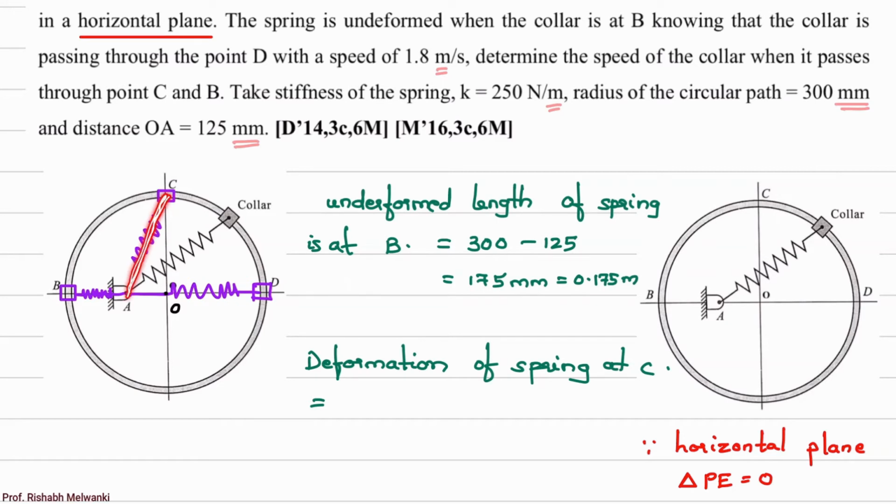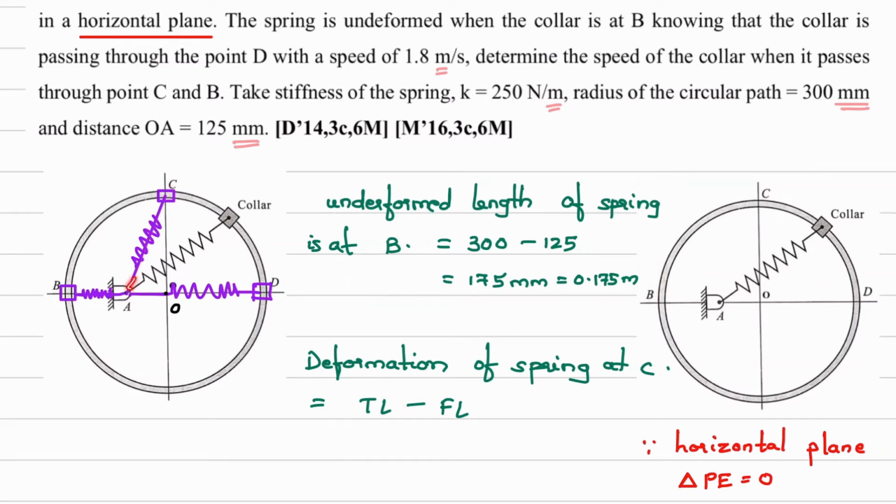But what is the deformation here? The spring is in tension. So what we have to do here: total length minus free length. Free length we have calculated, and total length will be this length AC.